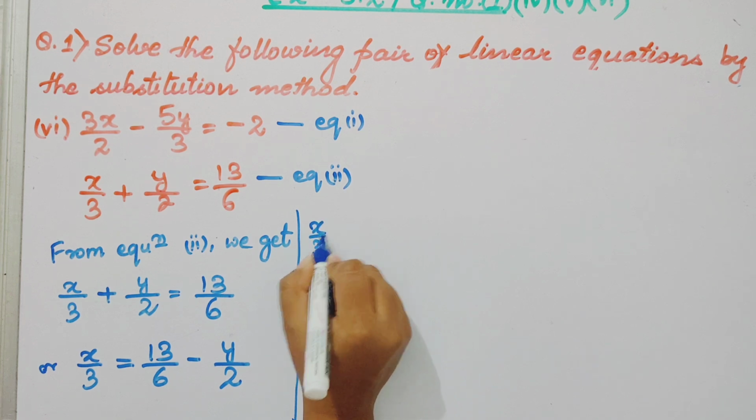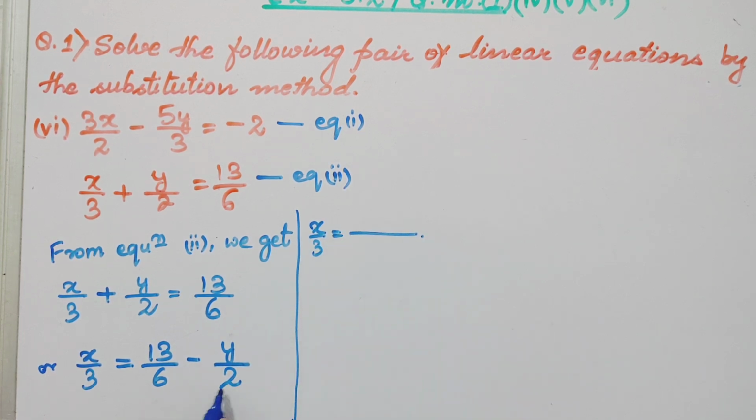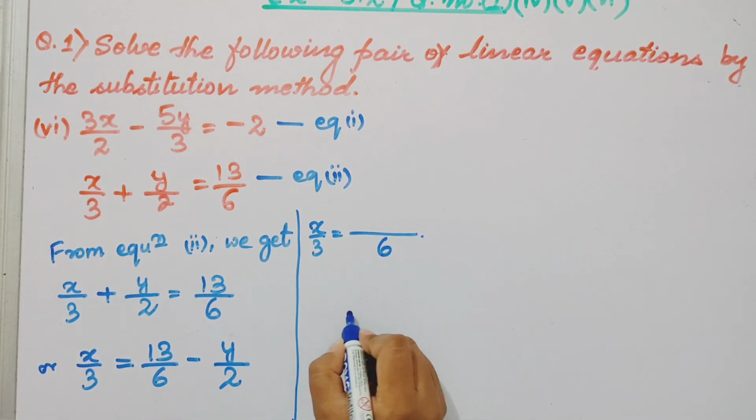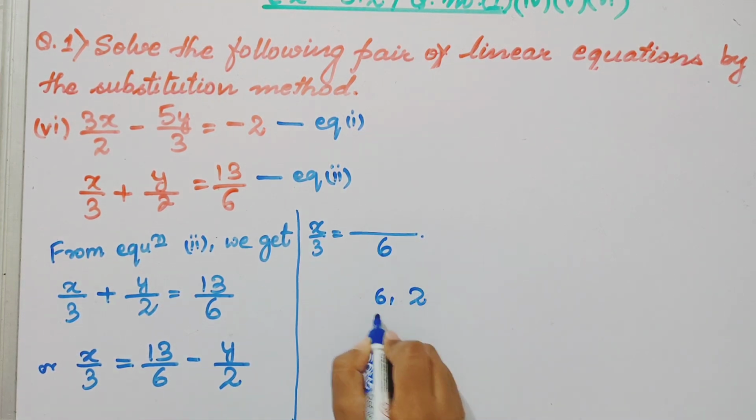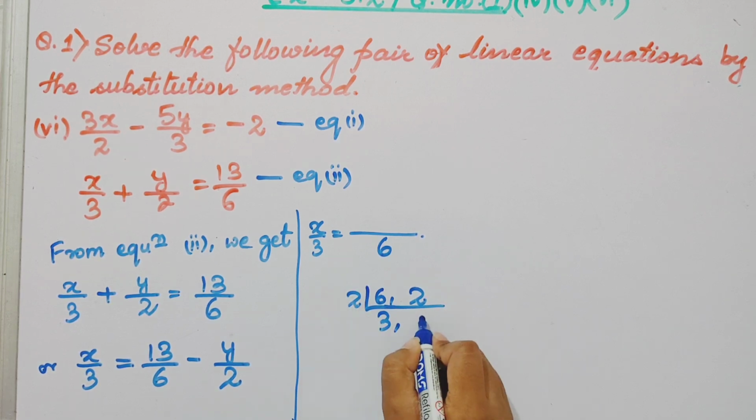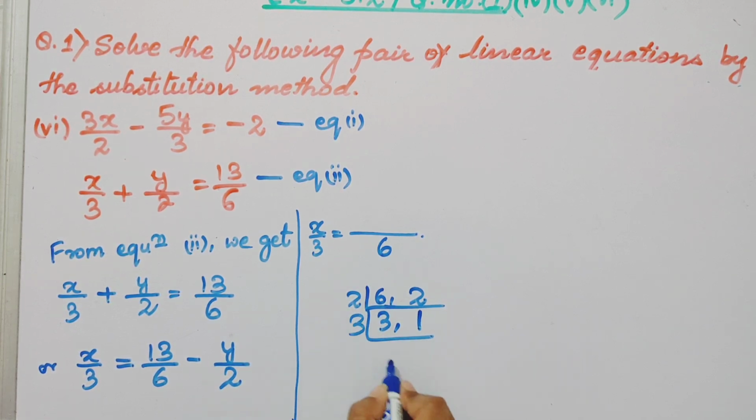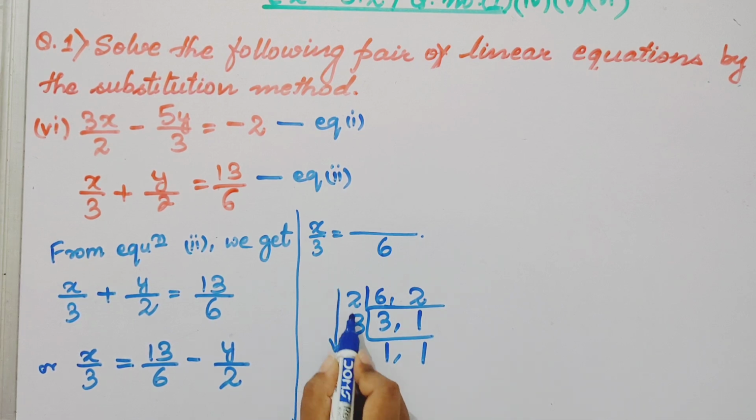x by 3 equals, the LCM of 6 and 2 is 6. How to get that? 6 and 2. 2 into 3 is 6, 2 into 1 is 2, 3 into 1 is 1 and 1 will be transferred. So we have 2 into 3, that is 6.